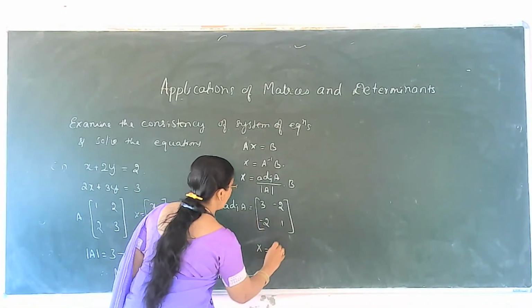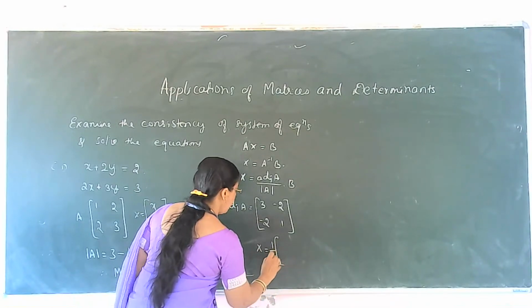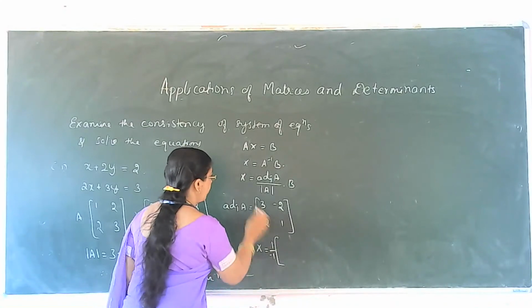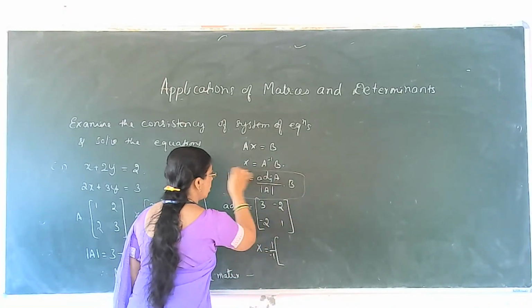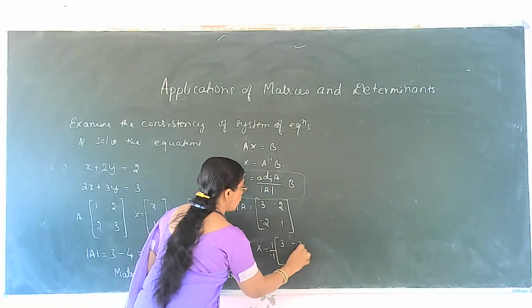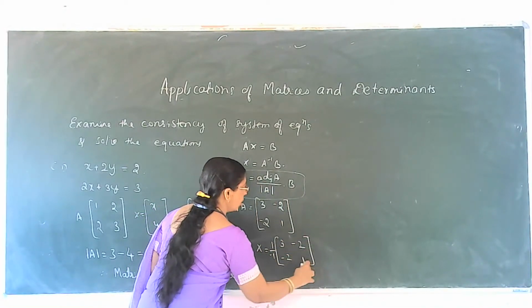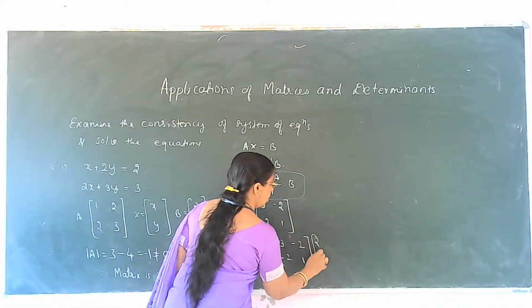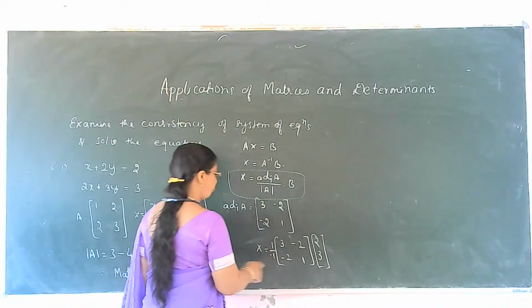Therefore, X is equal to 1 by minus 1, where minus 1 is the determinant value. I put the values in this equation. Adjoint of A is 3, minus 2, minus 2, 1, into B. B is the matrix 2, 3 as a single column.